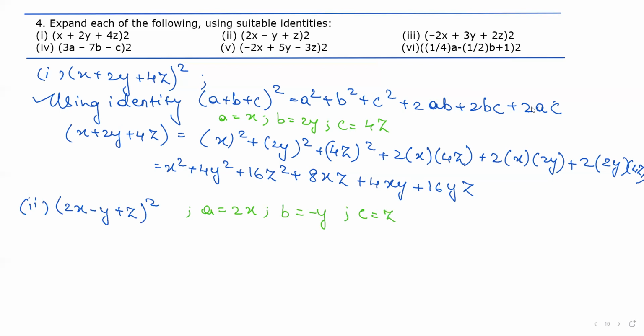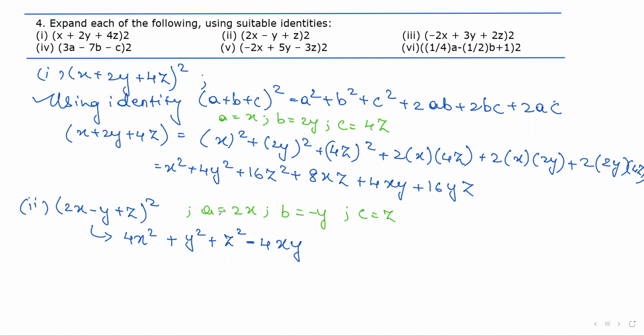Placing this, we get the result equal to (2x) whole square, which is 4x squared, plus (minus 5) whole square, which is 25, plus z square, plus 2 times ab. 2x into minus 5 can be written as minus 4x times 5, so I'm directly writing it minus 20xy.